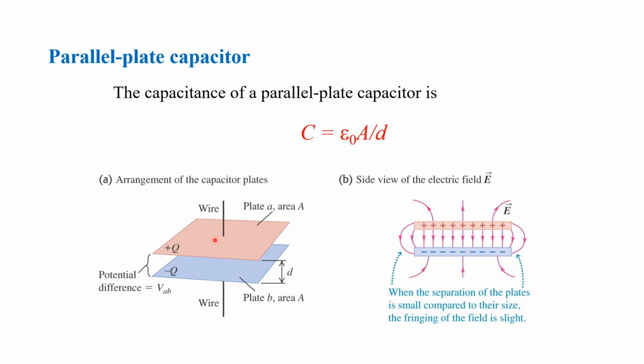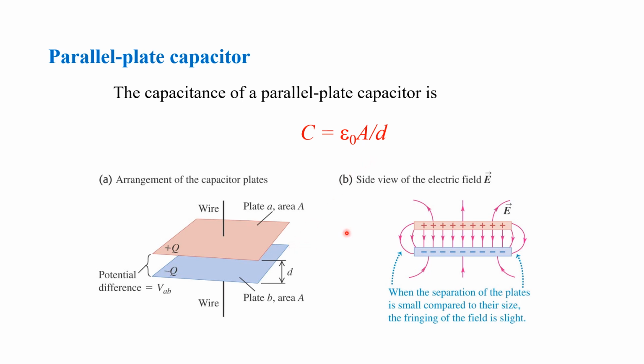We may have a configuration wherein the above plate stores positive Q charges and below you have negative Q charges. The capacitance of a parallel plate capacitor is C. C here is your capacitance. This is equal to epsilon naught, your permittivity of free space, times the area of your plate A, divided by d, which is the separation distance.